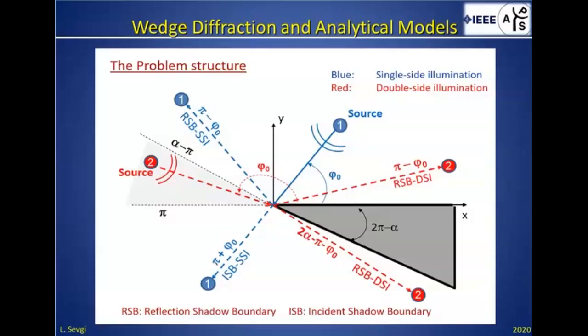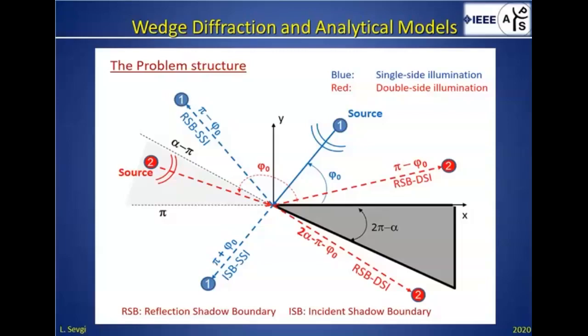The blue one is called single side illumination. Source 1 can only illuminate the top face, the top boundary of the wedge. The second boundary of the wedge is in the shadow region, in the dark region.